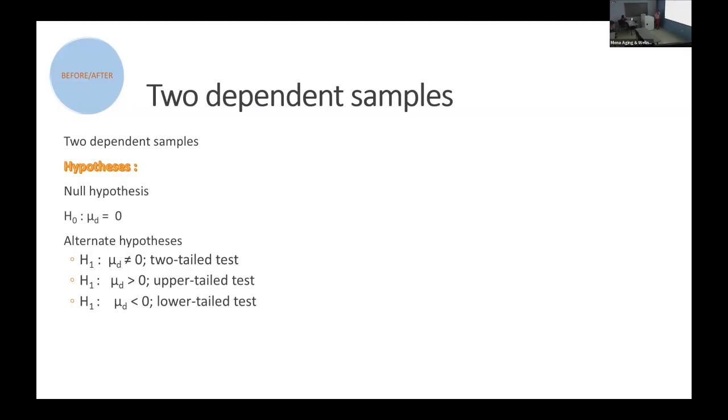I think we did something about lead in 1994 and 1999. So we had lead readings for 2 years, and then we took the difference in the lead readings. Remember that? And then the difference became our new data set. And we said the mean of the difference under the null should be 0, right?